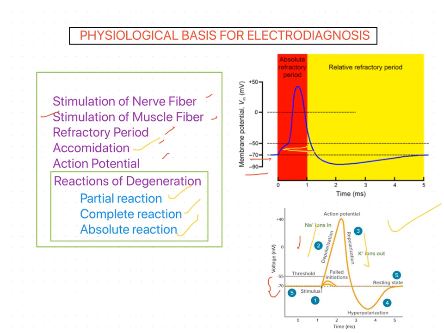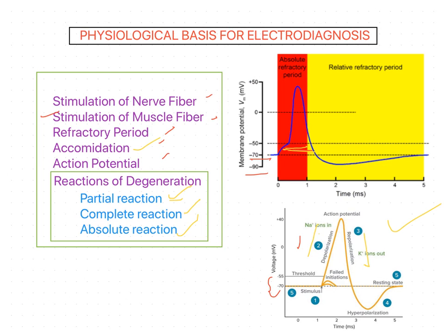In the partial reaction of degeneration, if trauma, disease or other factors have produced a partial lesion of a motor unit, there will be an obvious diminution in the contractile response when Faradic current is applied to such a muscle. This response is called partial reaction of degeneration. So what is the type of current used here? To check it, Faradic type.